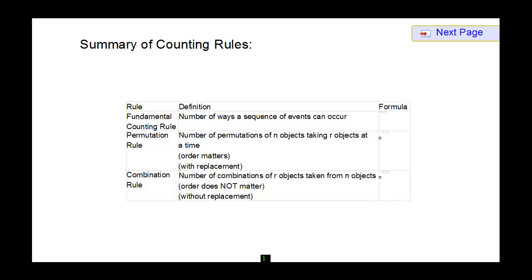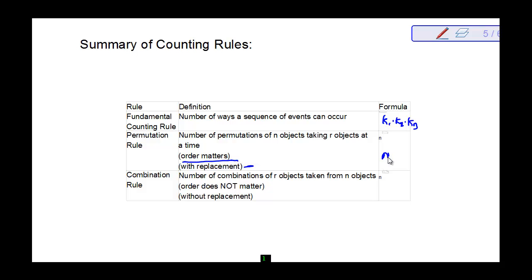Here are the rules in a summary format. We first have the fundamental counting rule. That's just the number of ways a sequence of events can occur. And this is k1 times k2 times k3. We're just going to multiply them. Permutation is the number of ways n objects can be taken r at a time. Order matters, and it's without replacement.